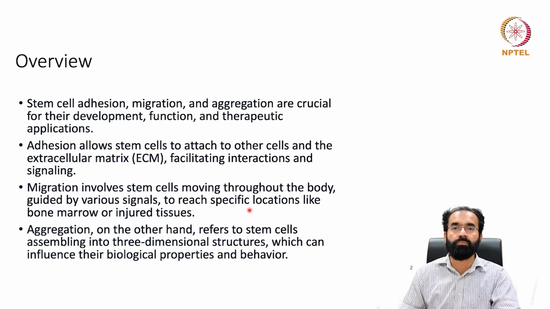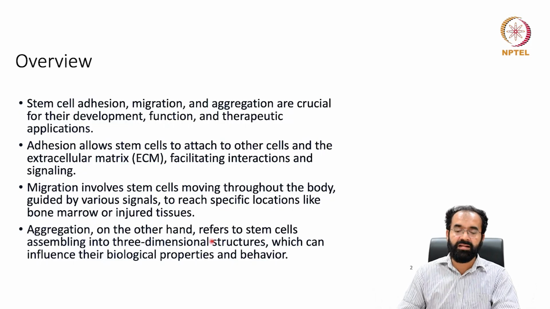Mainly they are called chemokine signaling, where the cells will migrate from location A to location B. And this is very prevalent in locations like bone marrow or injured tissues. The dynamics or the movement of the cells are very high in these tissues.